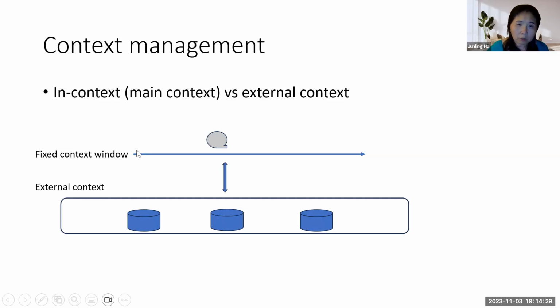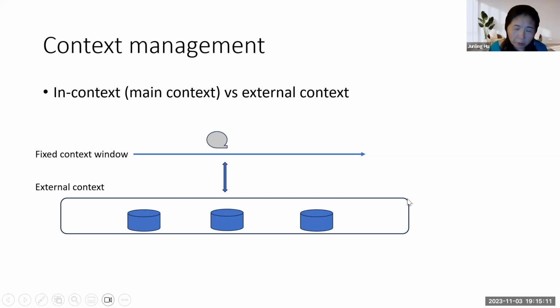This top part is what we call the in-context, or main context. But we also have a lot of information we are not using when we send those contexts in. Those are what we call external contexts. External contexts are histories of the previous conversation. It could be additional documents we haven't used, or some database we haven't queried. So there is a lot of external context that potentially can be accessed, and we should be able to access.